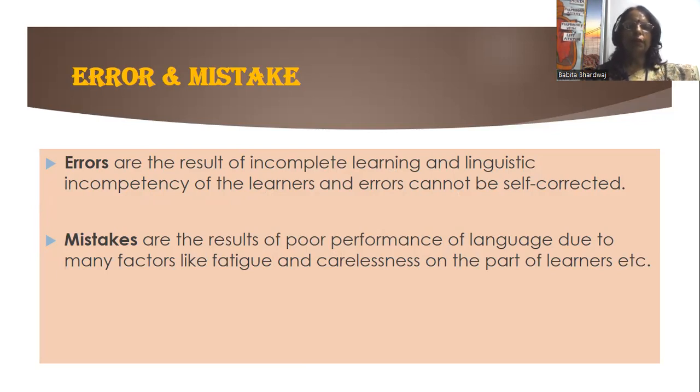If a learner does not have complete information about the language, then errors may occur. Errors cannot be self-corrected because the learner is not competent over the linguistic aspect where the learner is committing the mistake.